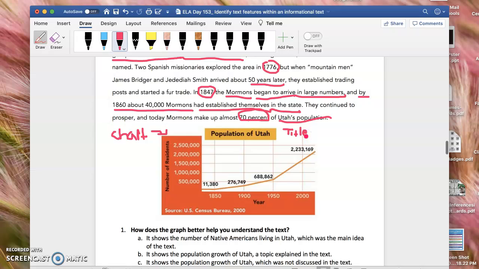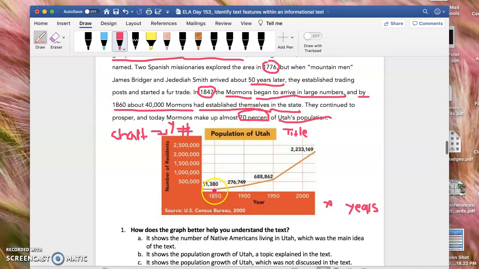That means the number of people that live there over the years. And so we have the y-axis and we have the x-axis. The x-axis is giving us the years. The y-axis is giving us the number of people.